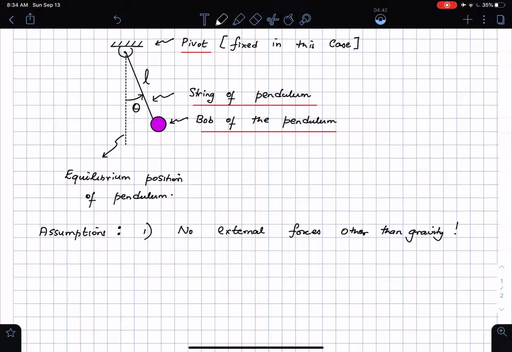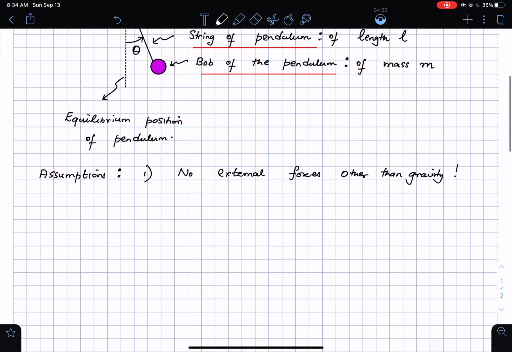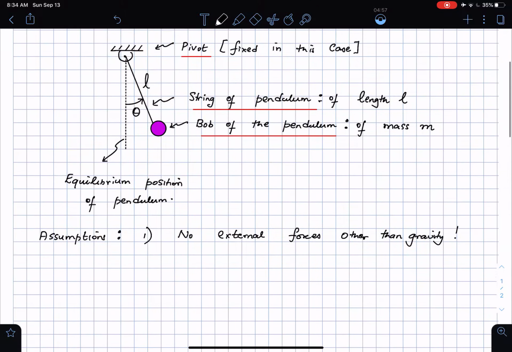The bob of the pendulum has a mass m, and the string of the pendulum has a length little l. So the assumptions are that there are no other external forces other than gravity. So the question is, how is this moving? It is moving because of some initial conditions or initial displacement.